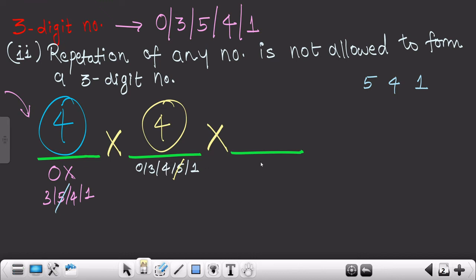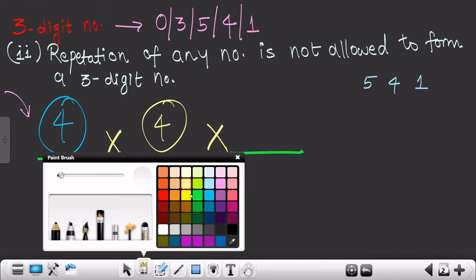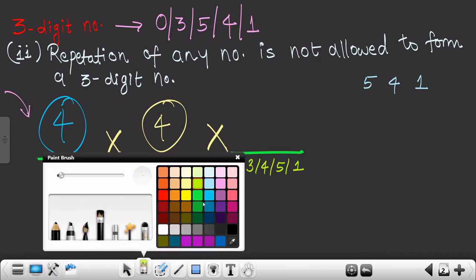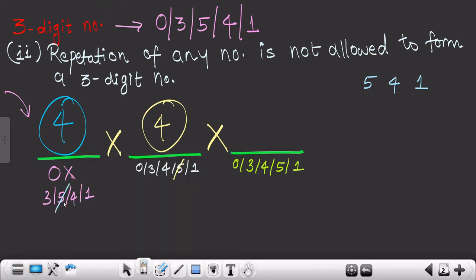So when we come to the units place, again considering that repetition of any number is not allowed, we have the numbers 0, 3, 4, 5. That means the units place can be filled in 5 different ways, provided the numbers which came in the hundreds place and the tens place won't come. Since in the hundreds place we have 5, 5 won't come, and in the tens place we have 4, so 4 won't come.